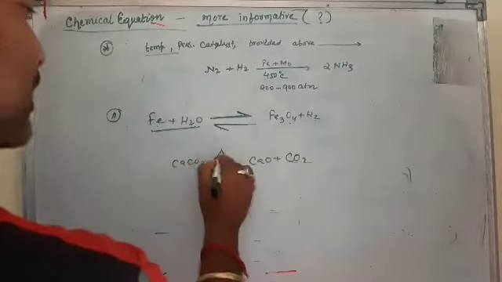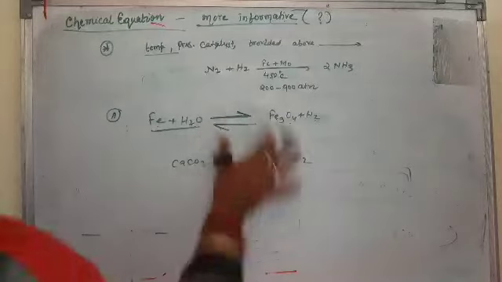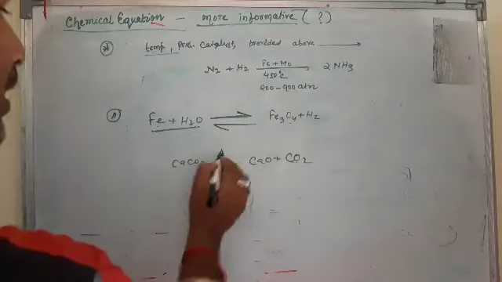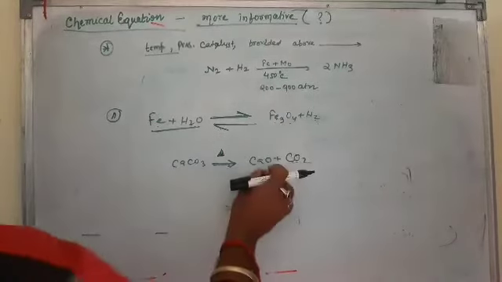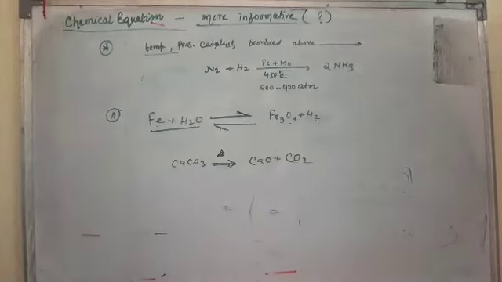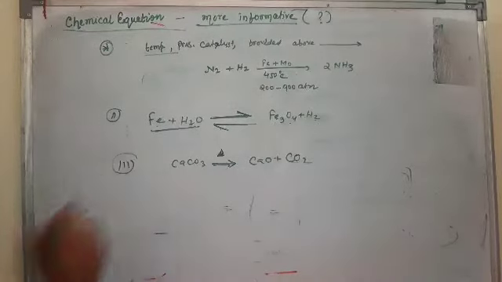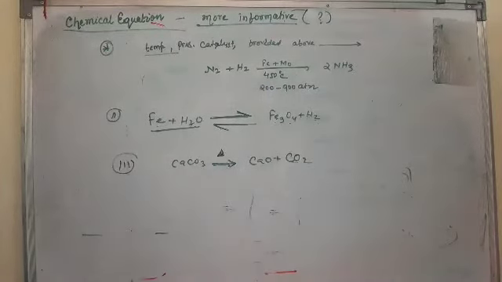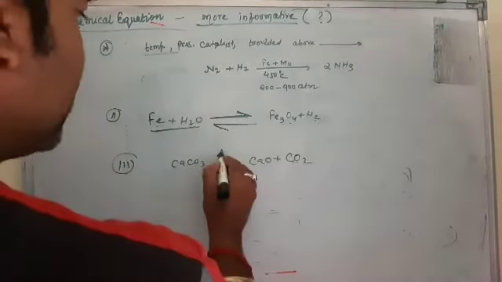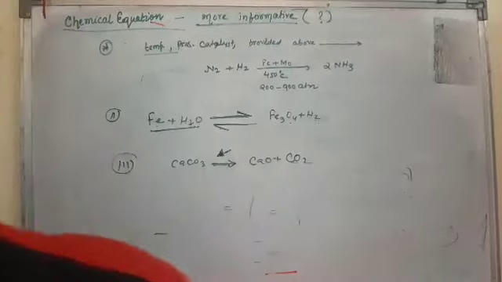If I use that sign, it means on heating, so you can understand that on heating it becomes CaO and CO2. So it is more informative. This sign is a delta, and delta means on heating.